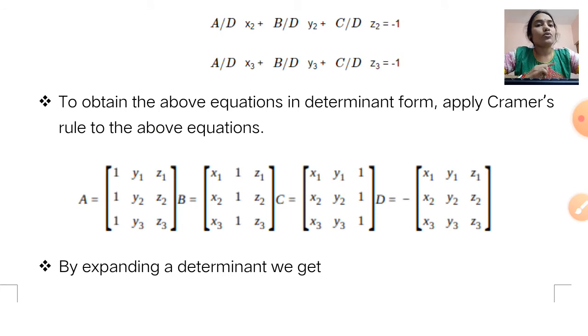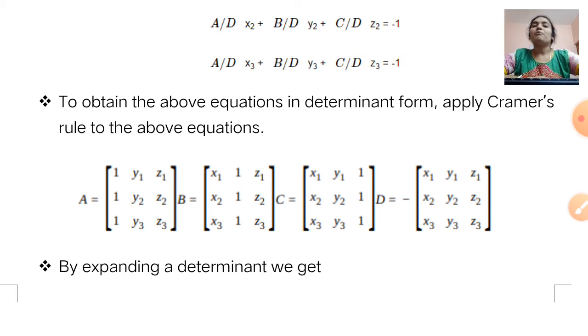A equals the determinant of 1 y1 z1, 1 y2 z2, 1 y3 z3. B equals x1 1 z1, x2 1 z2, x3 1 z3. C equals x1 y1 1, x2 y2 1, x3 y3 1. And D equals minus the determinant of x1 y1 z1, x2 y2 z2, x3 y3 z3. This matrix form we get from the above equations by applying Cramer's rule.